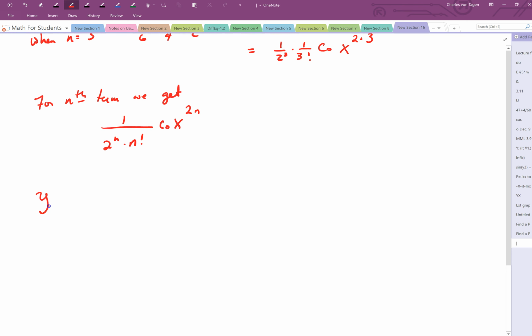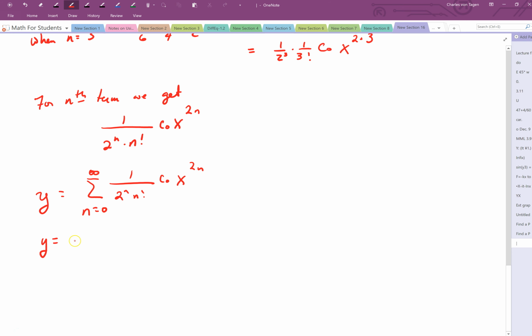That means that our series solution then is y equals the sum from n equals 0 to infinity of 1 over 2 to the n factorial c naught x to the 2n. But notice that every term in the series has a factor of c naught, but c naught does not depend on n, so let's pull it out.